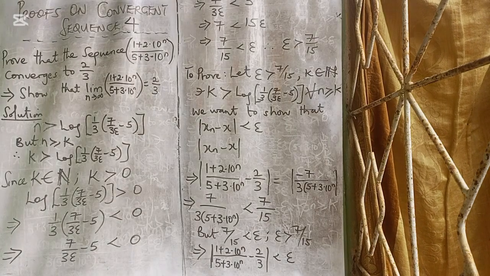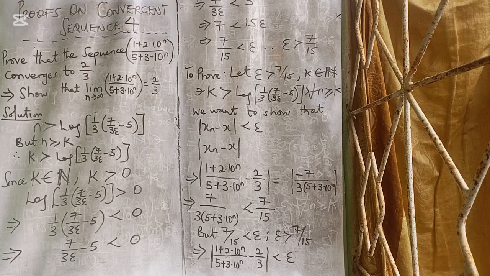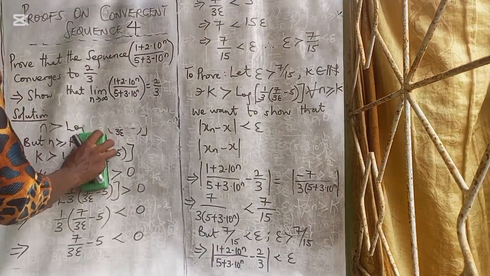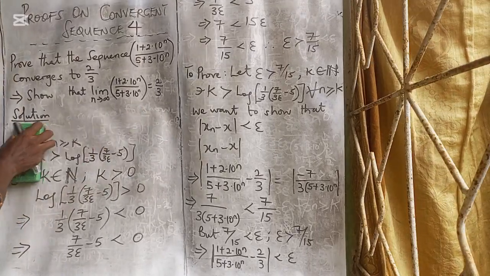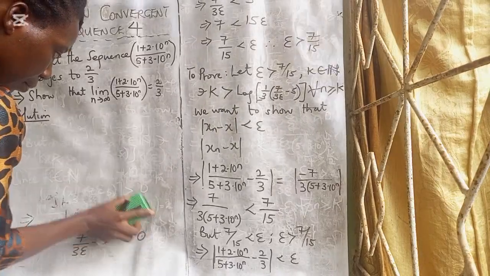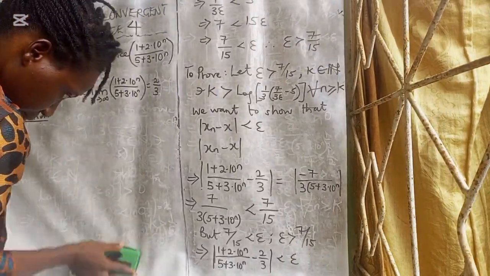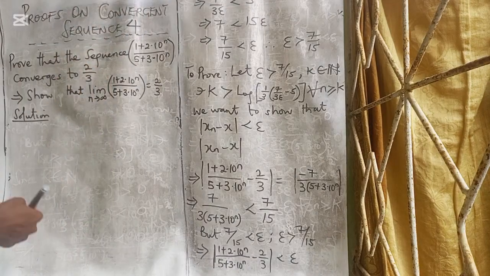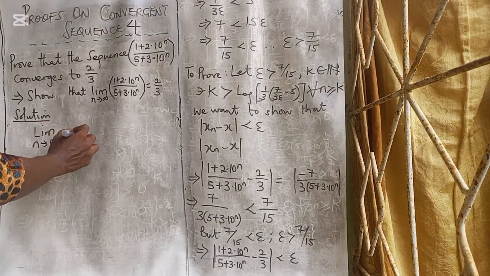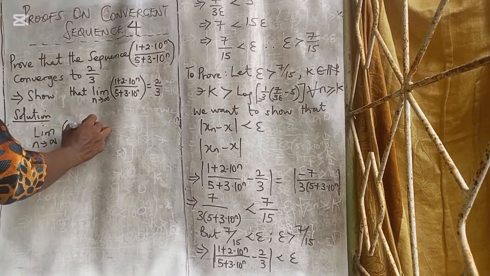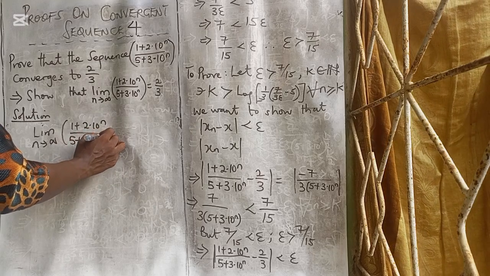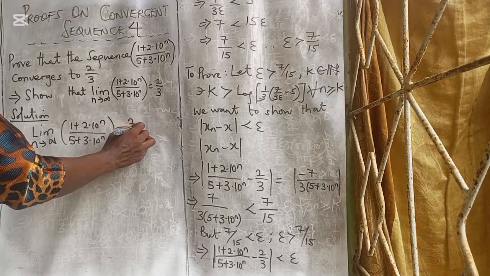And since that is less than epsilon, it means that the limit as n tends to infinity of 1 plus 2 into 10 raised to power n over 5 plus 3 into 10 raised to power n is equal to 2 over 3.